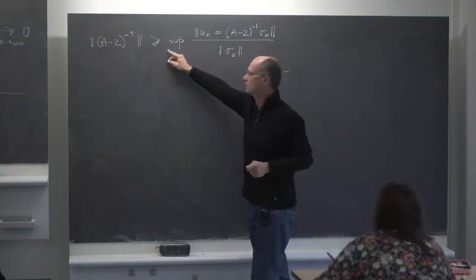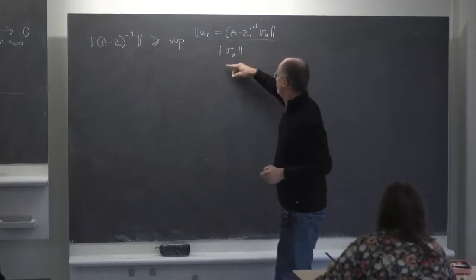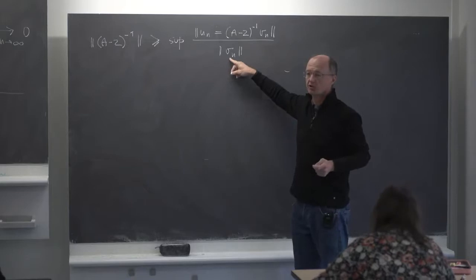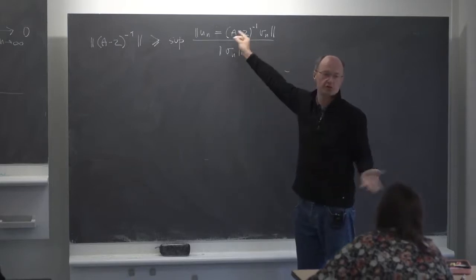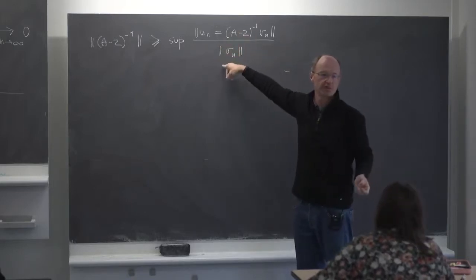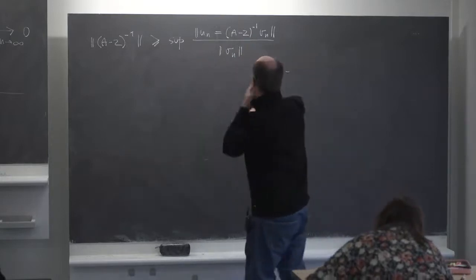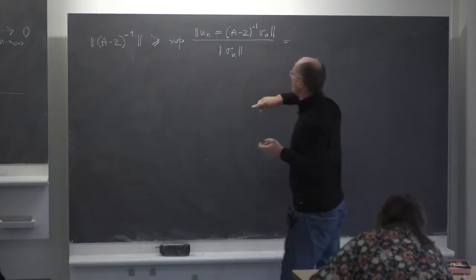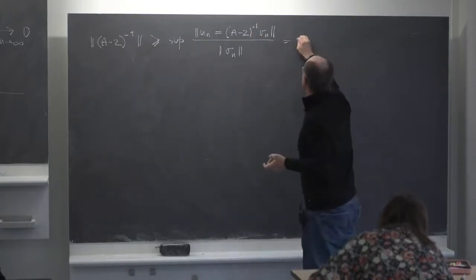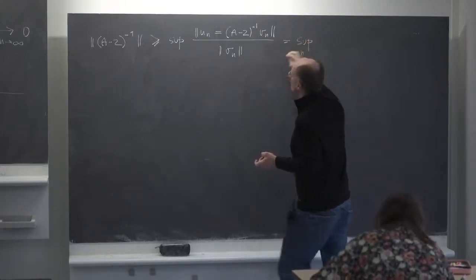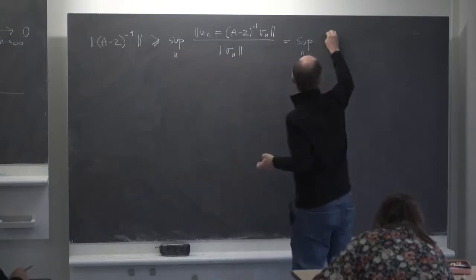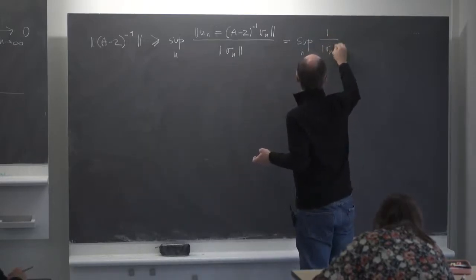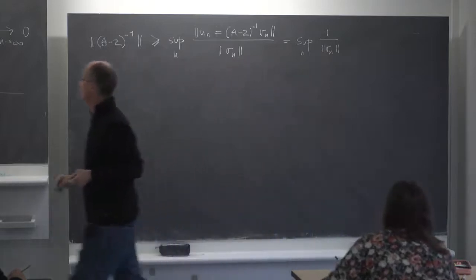So the norm is the supremum of all those things for all v_n, but now we just choose this sequence. This is a bound from below on the norm, and the norm of the numerator is 1. So it's the supremum over n of 1 over the norm of v_n.